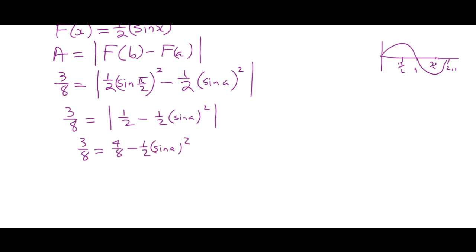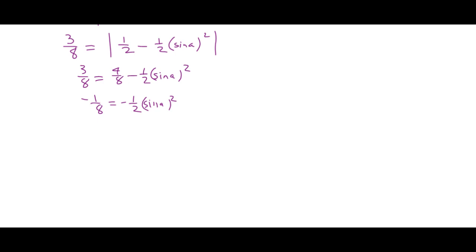And we can subtract 4/8 from both sides, right? So negative 1/8 is negative 1/2 sine a squared, multiplied through by negative 2. So we clear off, positive 1/4 is sine of a squared.